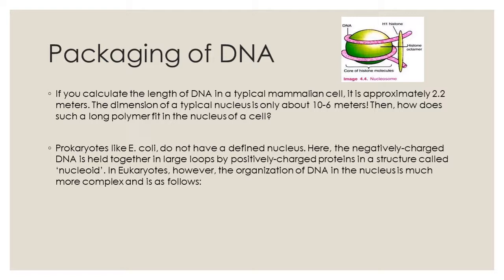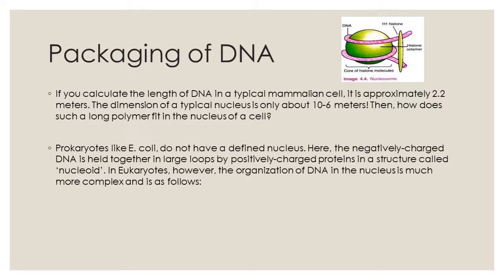Now, if you calculate the length of DNA in a typical mammalian cell, it is approximately 2.2 meters. The dimensions of a typical nucleus is only about 10 to the power minus 6 meters. Then how does such a long polymer fit in the nucleus of the cell? Just think about how long it is and how it is inside the body.